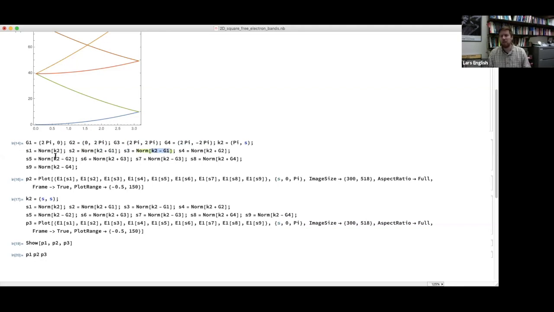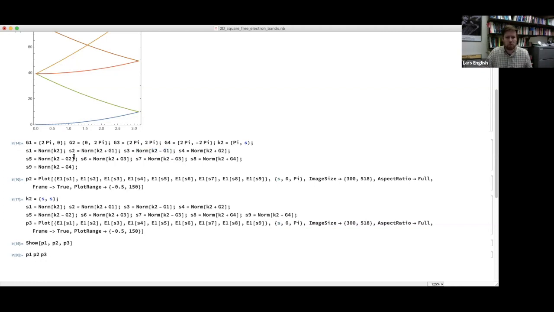This norm command is actually very useful. It comes in very handy right about now, because what it does is it evaluates the length of that vector, the magnitude of the vector. This is a Mathematica command for please evaluate the length of the vector in parentheses in the argument.